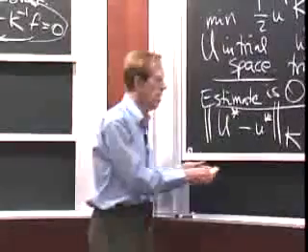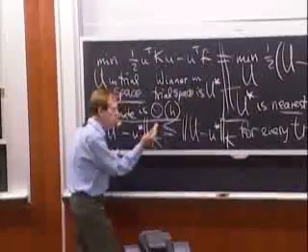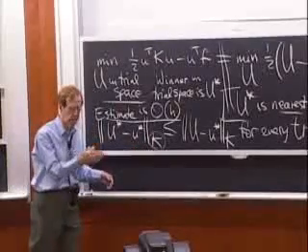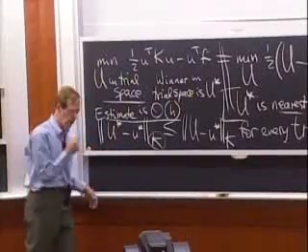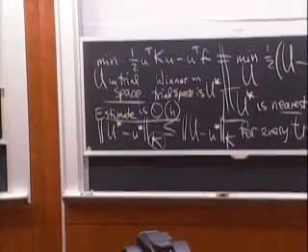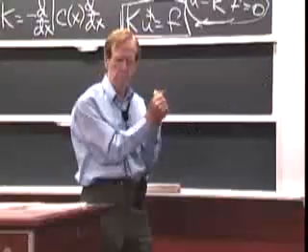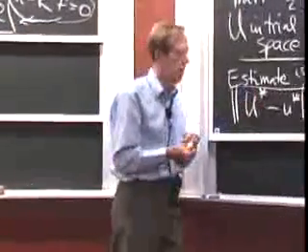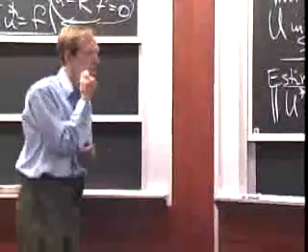This is in the K norm and not in the mean square norm. It's in a norm that deals with slope and not with just plain displacement distance. Okay, maybe that's made the point, and this is the heart of finite element theory.